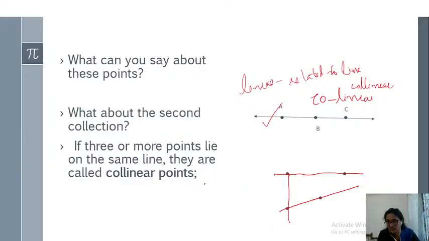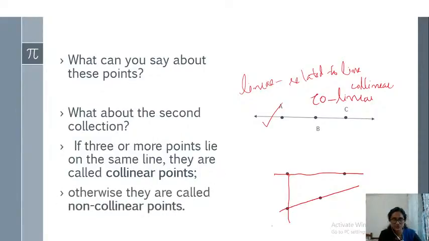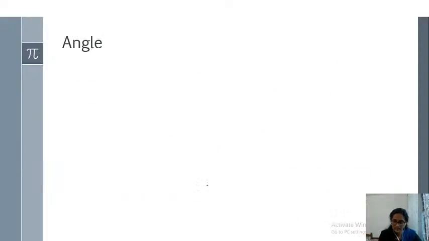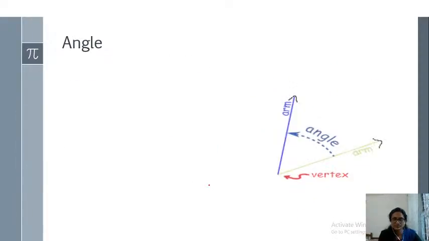So whenever you hear linear, imagine that geometrically when we draw the figure, it will be a line. I hope you understood all these points. So if 3 or more points lie on a straight line, they are called collinear, and otherwise they are called non-collinear.